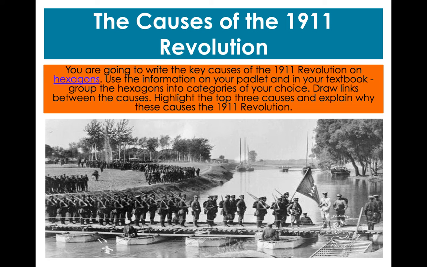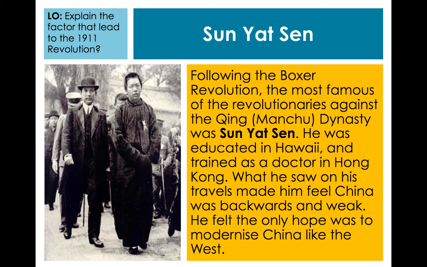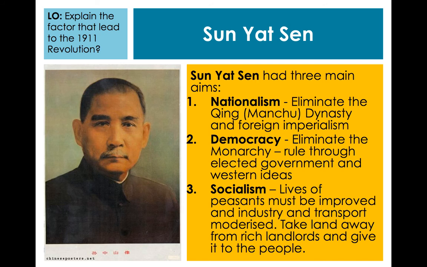What I'd then like you to do is review the rest of this PowerPoint, which talks through some of the key characters, such as Sun Yat-sen, and what his main beliefs were. He was instrumental in standing up against the Qing dynasty and driving these changes forward.